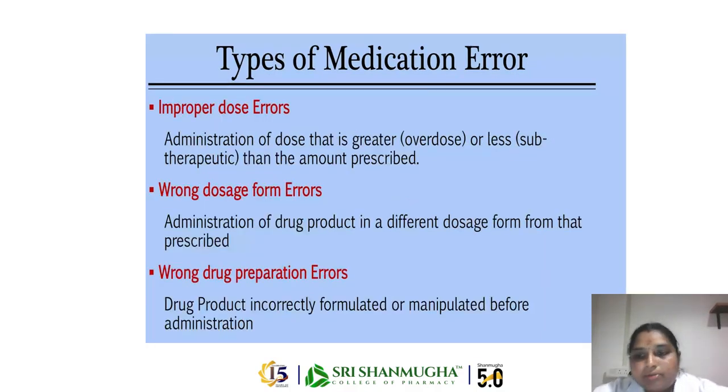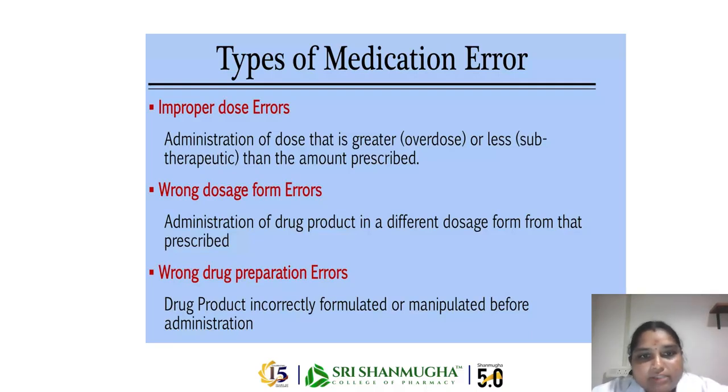Next, improper dose selection: administration of a dose that is greater. For example, paracetamol is 650 mg, but the doctor or nurse or pharmacist gives more than a double dose, it is an overdose. Or instead of 650 mg, he gives only 500 mg, it is a low dose, that is subtherapeutic rather than the amount prescribed.